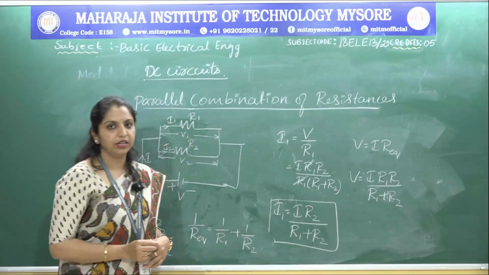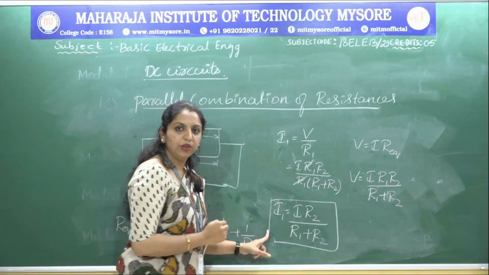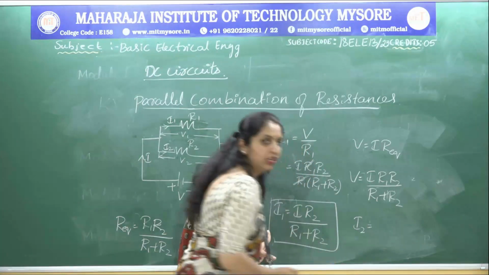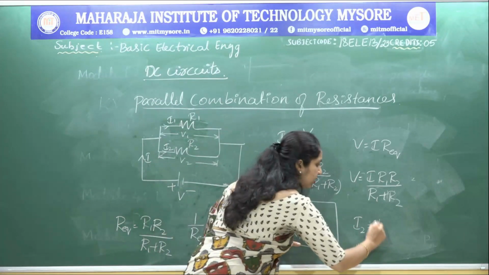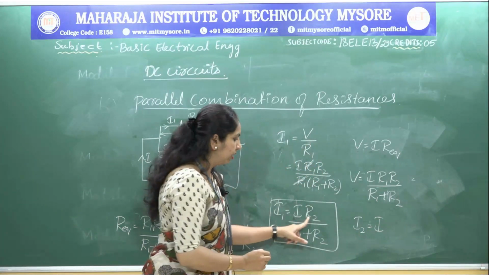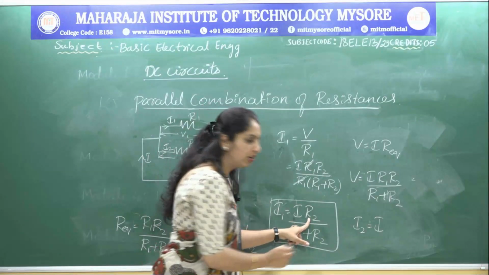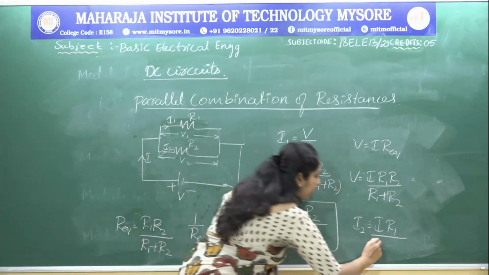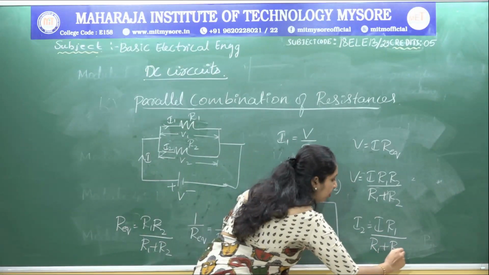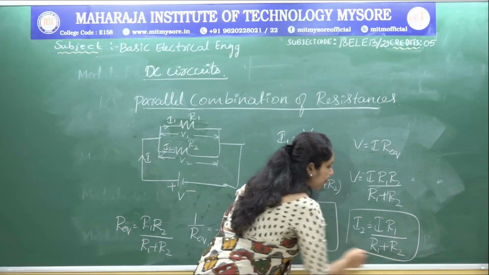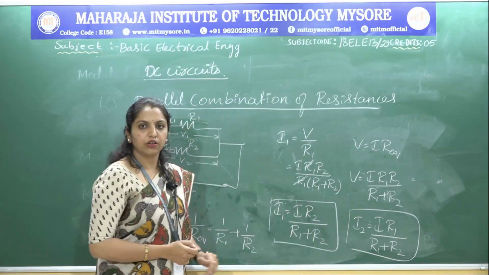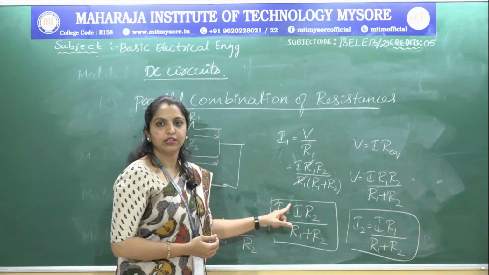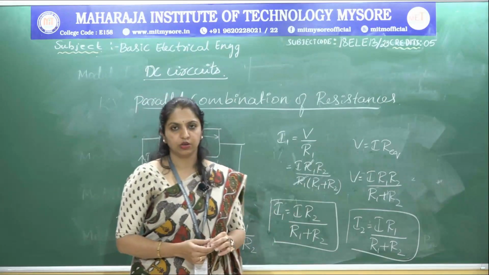This is the I1 equation. Similarly, we have the I2 equation, with the same total current, and instead of R2 you get R1 divided by R1 plus R2, which remains the same in the denominator. You can express both I1 and I2 in terms of the total current. This is nothing but the current divider rule.